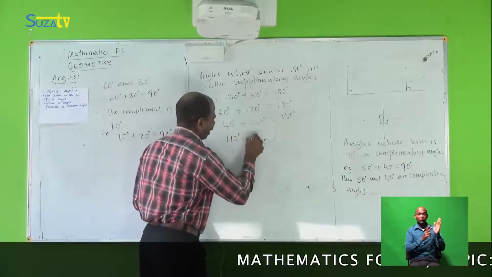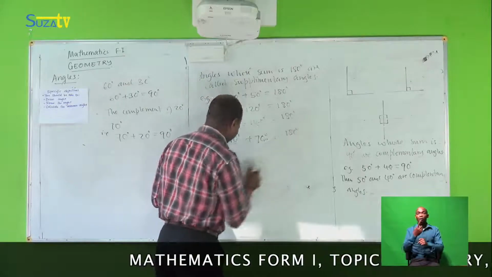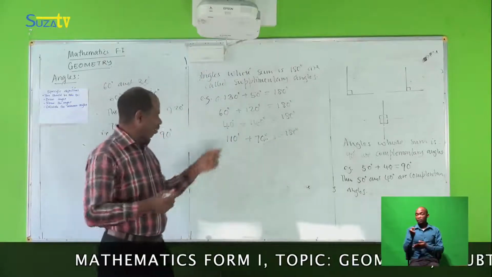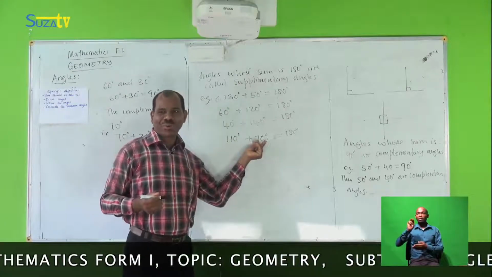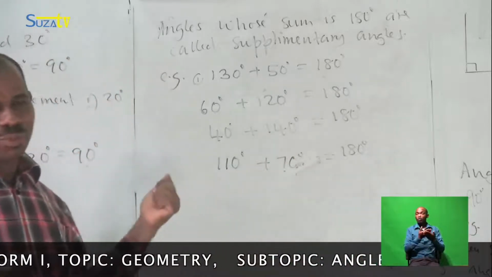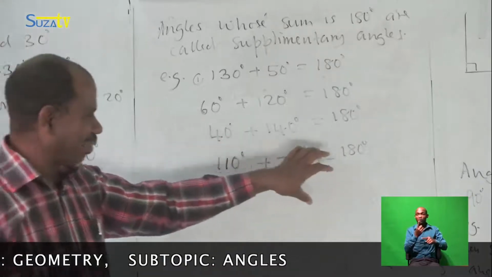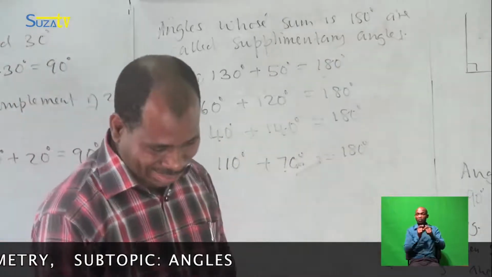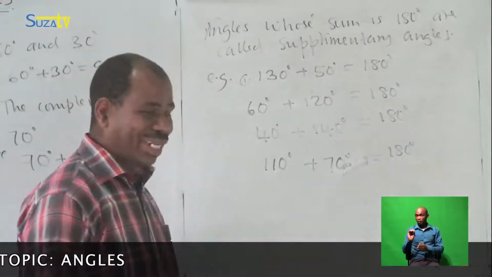110 plus 70 degrees is 180 degrees. So here we can say 110 degrees is a supplement of 70 degrees. Why? Because when we add 110 degrees plus 70 degrees, the result is 180 degrees.